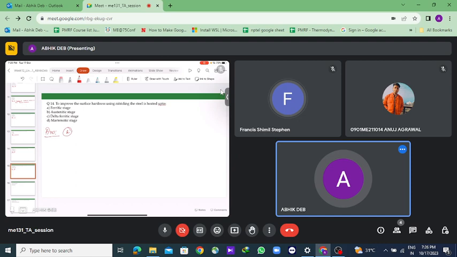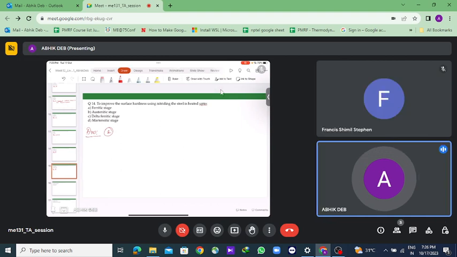Okay, sir. By the martensitic stage, which temperature are they meaning? The temperature at which martensite formation starts. So it will be very low, isn't it? It depends on the composition, but it won't be very low.